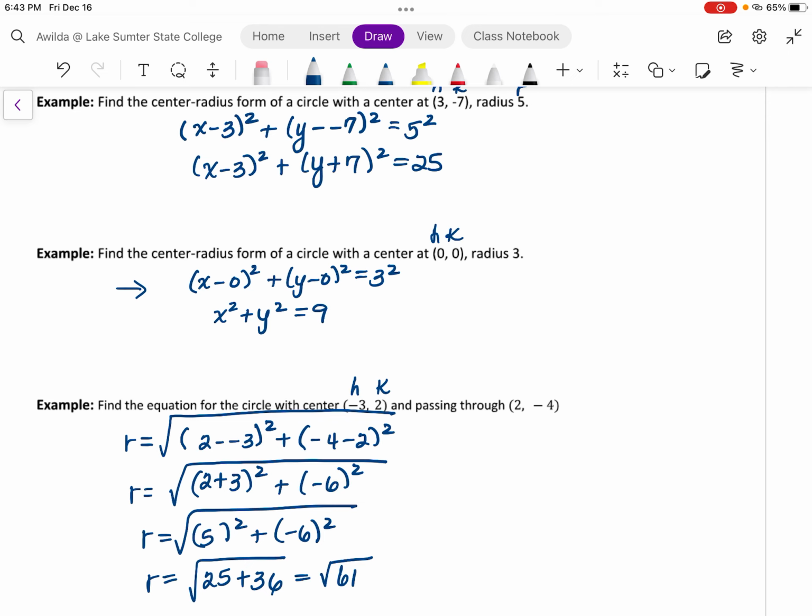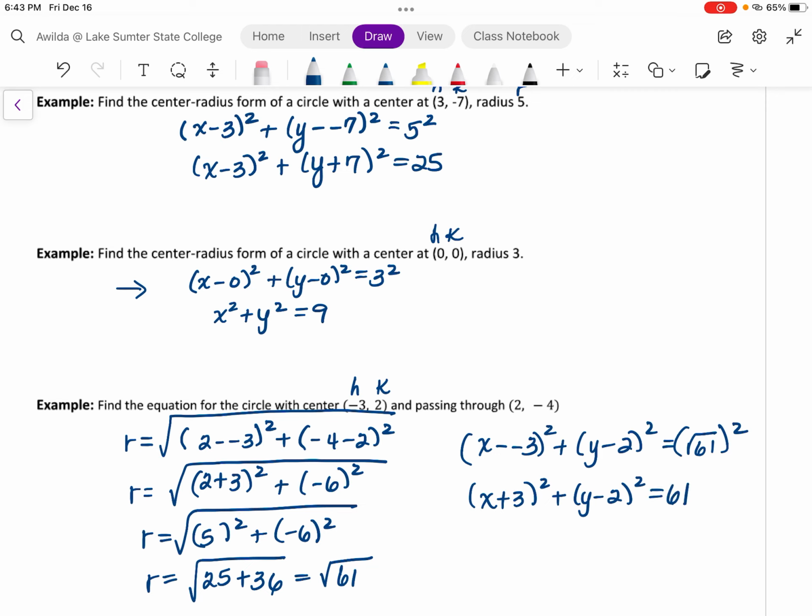Now, to find the equation of the circle, we go back to the form (x - h) quantity squared plus (y - k) quantity squared is equal to r squared. After simplifying, we have that (x + 3) quantity squared plus (y - 2) quantity squared is equal to 61.